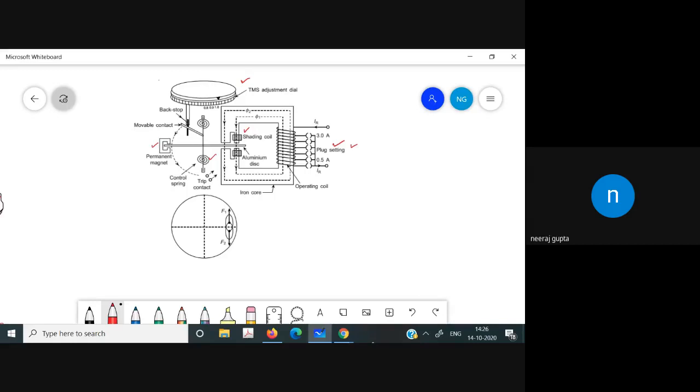The flux in the shading coil lags the main flux. Since the force is proportional to phi m1 and phi m2, and phi m1 and phi m2 are due to the current only, the torque produced in this case we can call the deflecting torque.